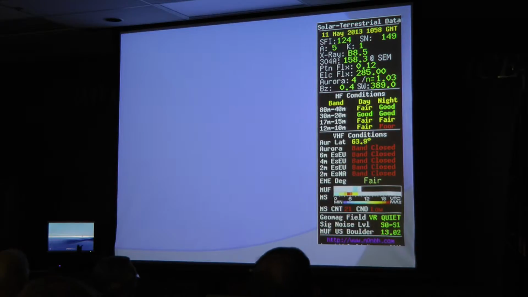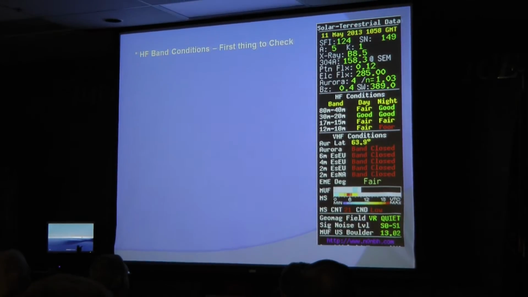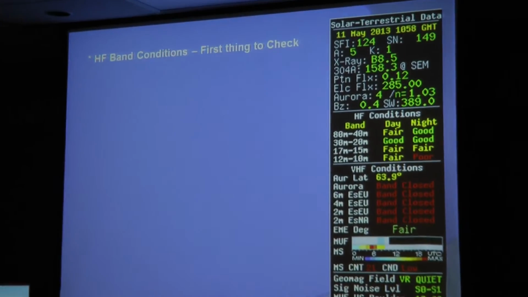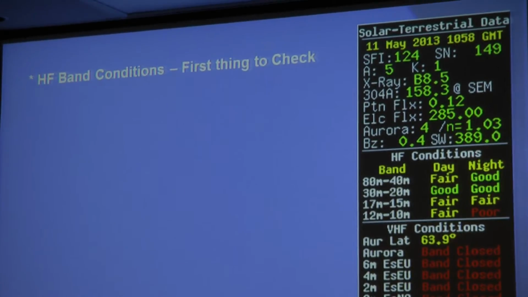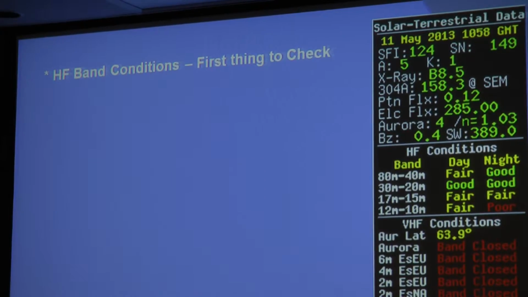I'll put my glasses on here. Anyway, first thing to check is the band conditions. And this is telling me, right now, at this time of the day, the band conditions is, and this is prediction software. This is not what's really going on out there. This is based on all the indices they gather, what they know. This is what we think is going to happen.